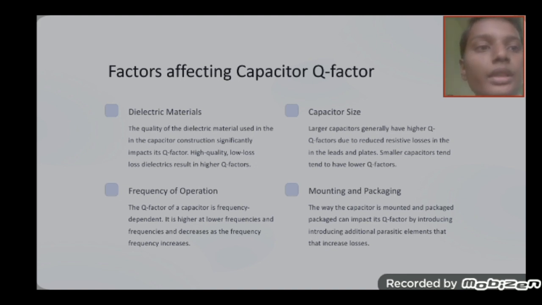Smaller capacitors tend to have lower Q factors. Mounting and packaging. The way the capacitor is mounted and packaged can impact its Q factor by introducing additional parasitic elements that increase losses.